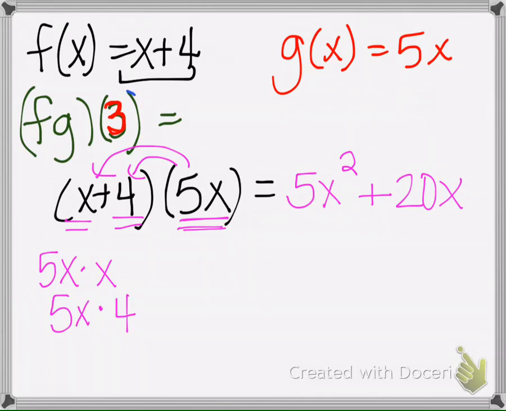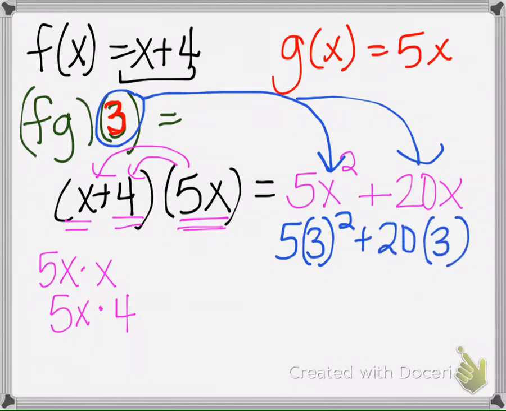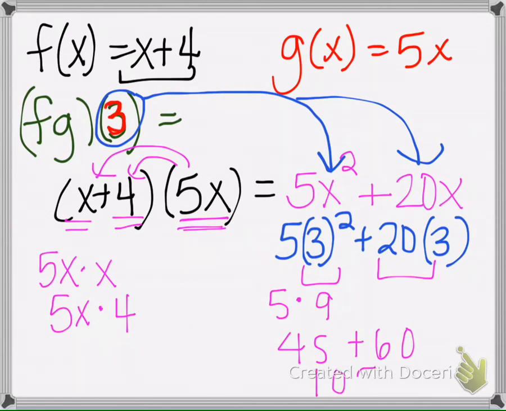Okay, now we can plug in the 3. So we could do it first, or we could do it after. So we would get 45 here and 60 here, and combine them, and we get our 105, which we got by plugging in 3 into each function first, separately.